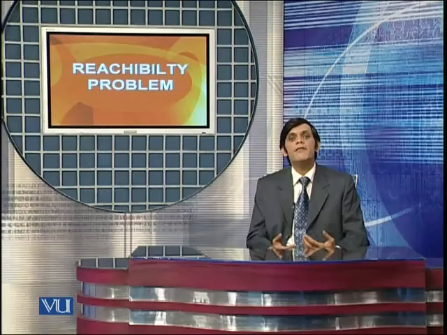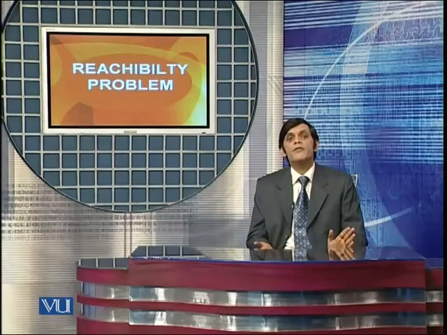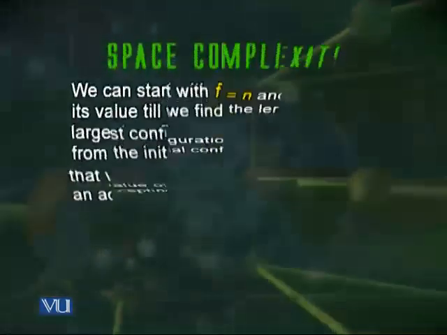Another way to get rid of this difficulty is somehow try to guess f of n. What would be the value of f of n? We may not be able to guess f of n, but given an input x, we can easily find out what is the largest amount of space that would ever be used on this particular input. And this can be done as follows.